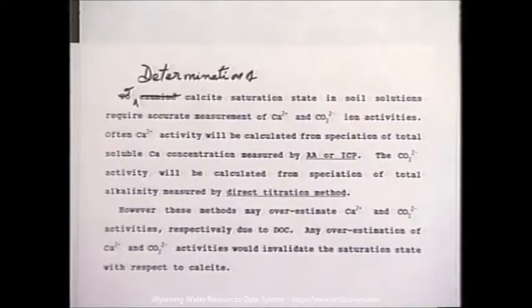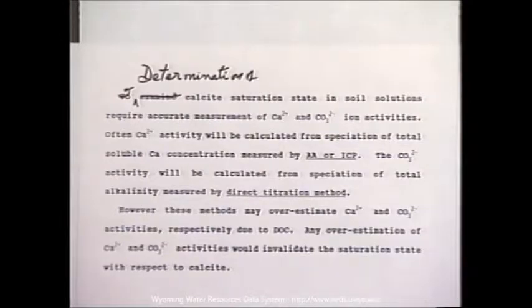Often calcium activity is measured by speciating the total calcium, which was measured by ICP or AA. AA means atomic absorption, and ICP means inductively coupled plasma. Whereas the carbonate activity will be calculated from speciation of total alkalinity measured by direct titration method. We should remember those two methods, okay? That's why I underlined those two.